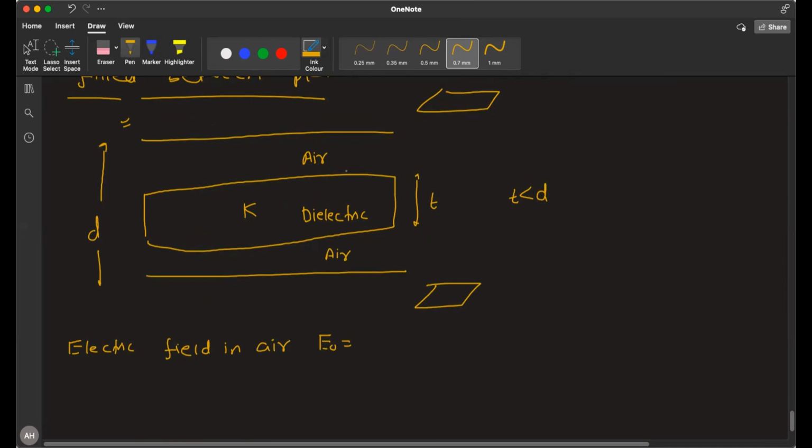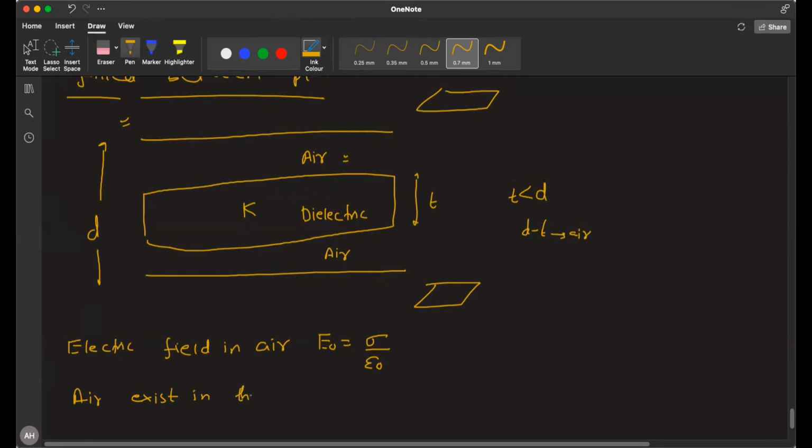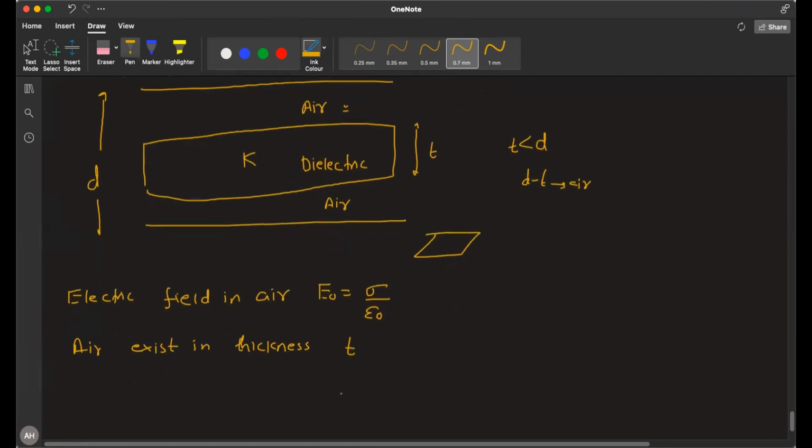In what thickness does this air exist? The total separation between the plates is D. The thickness of the slab is T. So dielectric is in the thickness T. The remaining D minus T has air. So you can say that air exists in thickness D minus T.